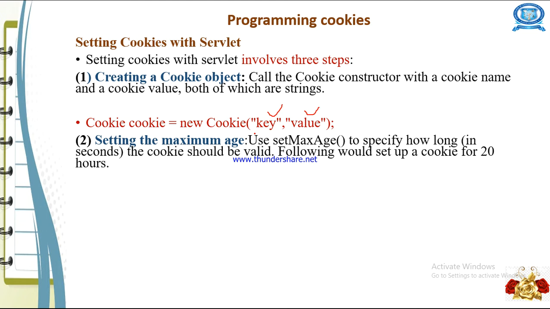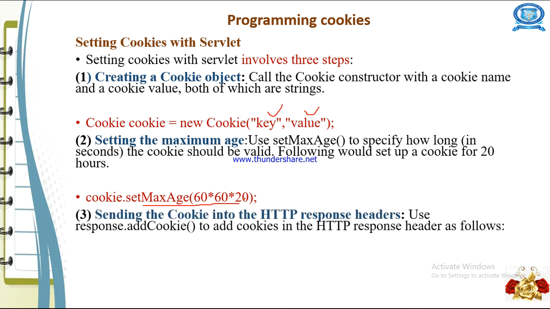For example, the following would set up the cookie for 20 hours: cookie.setMaxAge with the calculated value. For 20 hours, you have to calculate it: 1 hour is 60 minutes, and 1 minute is 60 seconds.